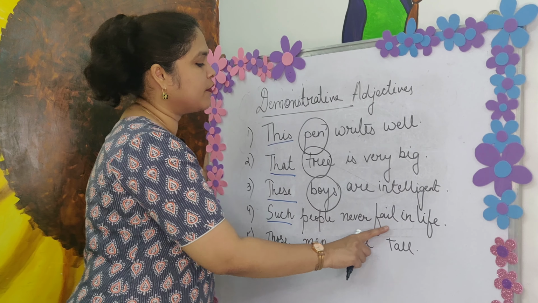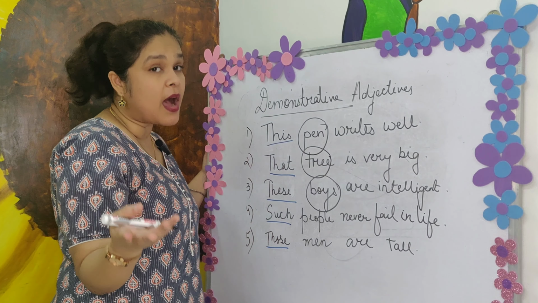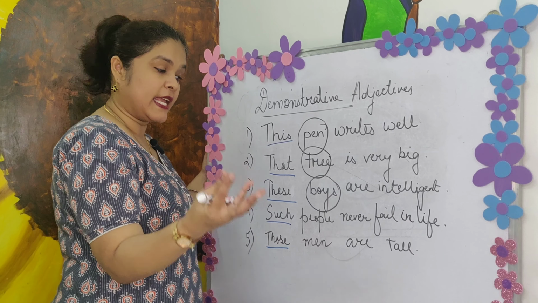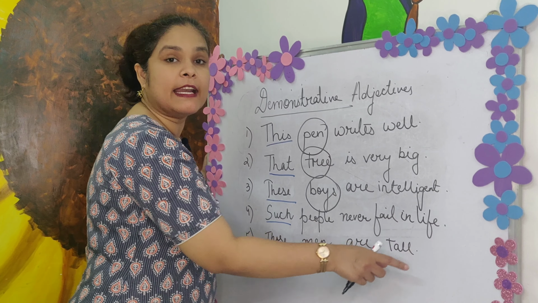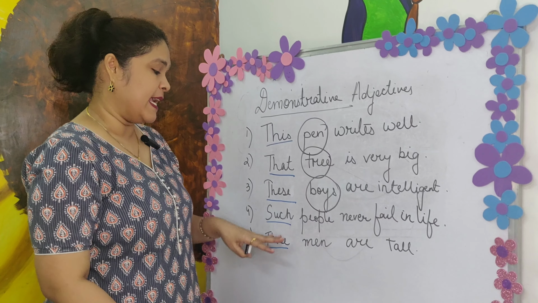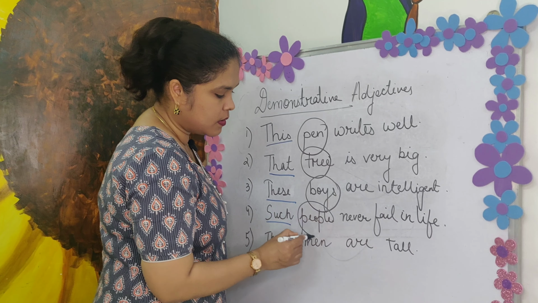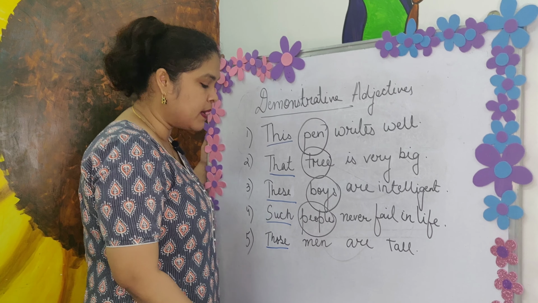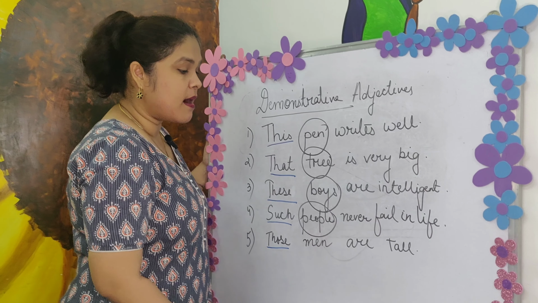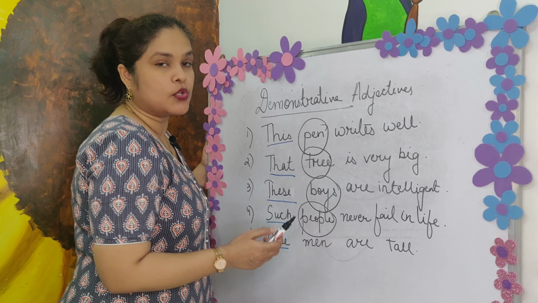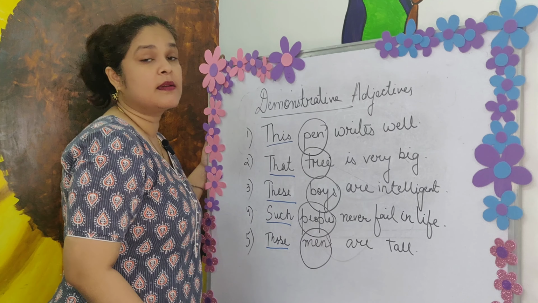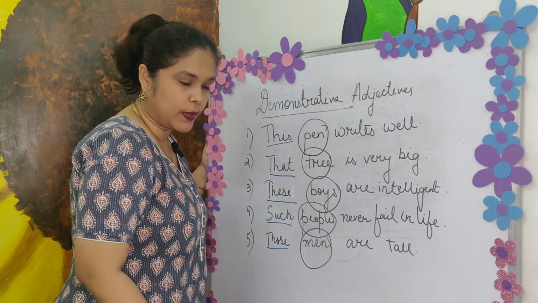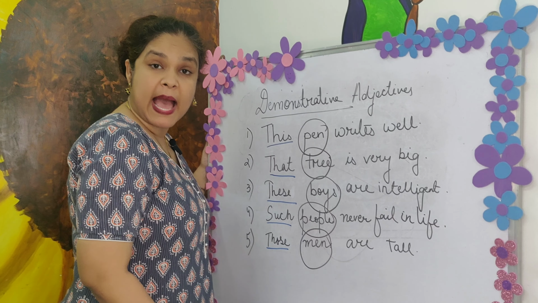Such people never fail in life. For example, like hardworking people. Here people is the noun, a group of people. Those men are tall. Those is the demonstrative adjective and men is the noun, the plural form of man.